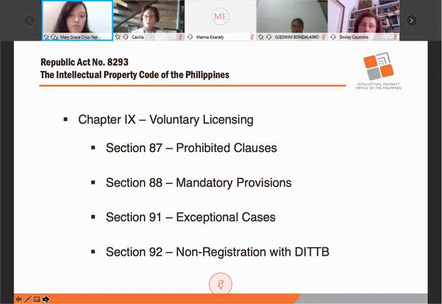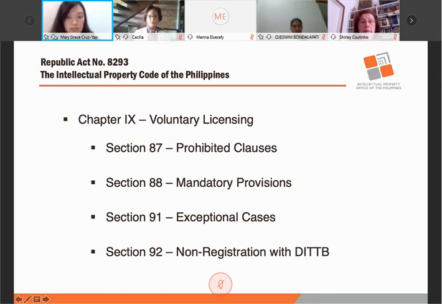If there are portions of Section 87 and 88 which you feel are more or less a make or break kind of clause that you really have to have in your tech transfer arrangement, then you might want to look into Section 91, because Section 91 grants the Documentation, Information and Technology Transfer Bureau a certain leeway in giving exemptions for the application of the prohibition in Section 87 and the mandatory provisions in Section 88.